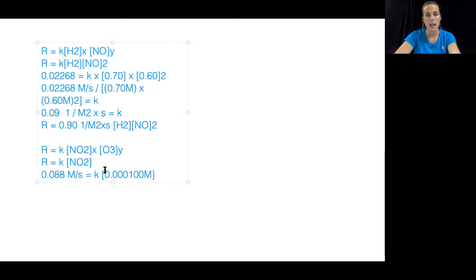Okay, now to get K by itself, I'm just going to divide by this number, and I'm going to do the same thing on this side to get K by itself. So 0.088 molarity per second divided by 0.000100 molarity equals K. You're going to plug it in your calculator.